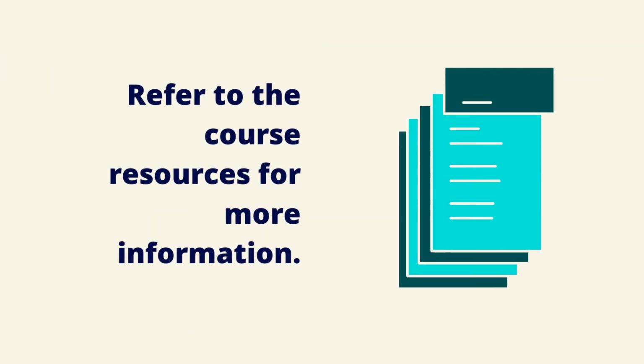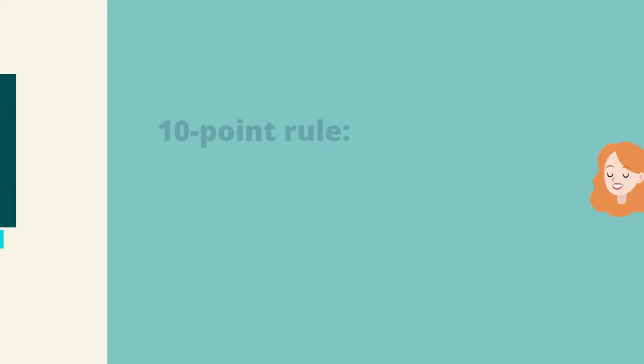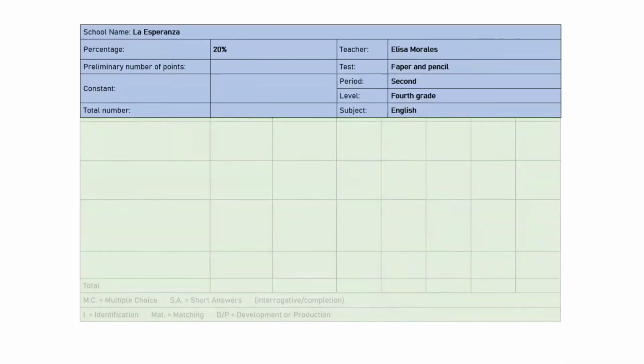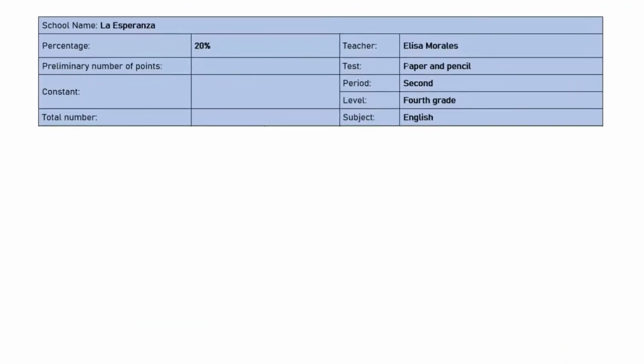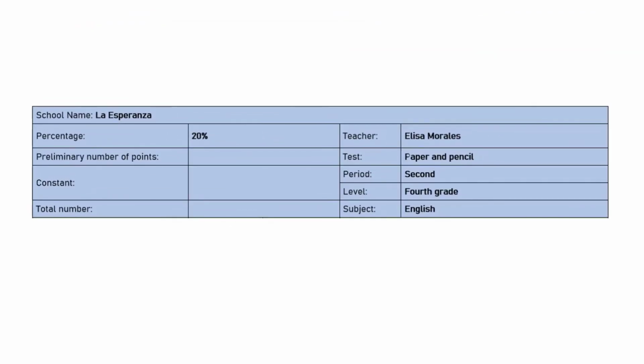For a detailed explanation on these rules, refer to the course resources. In this case, Elisa decides to use the 10-point rule. Hence, her paper and pencil test will have 30 points. We can now include that number in the TOS.